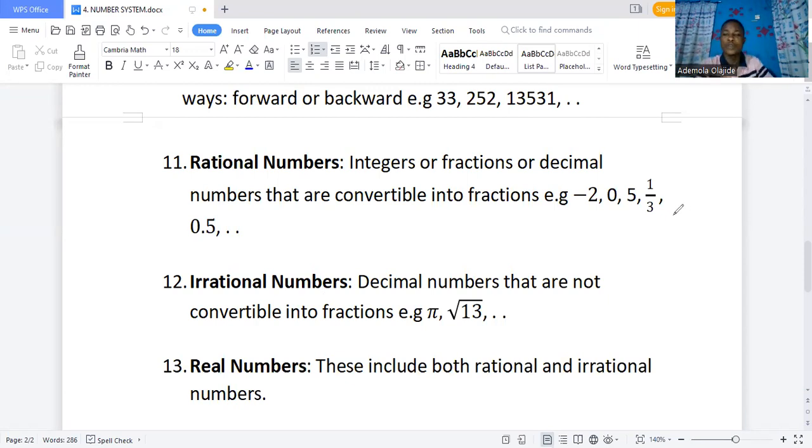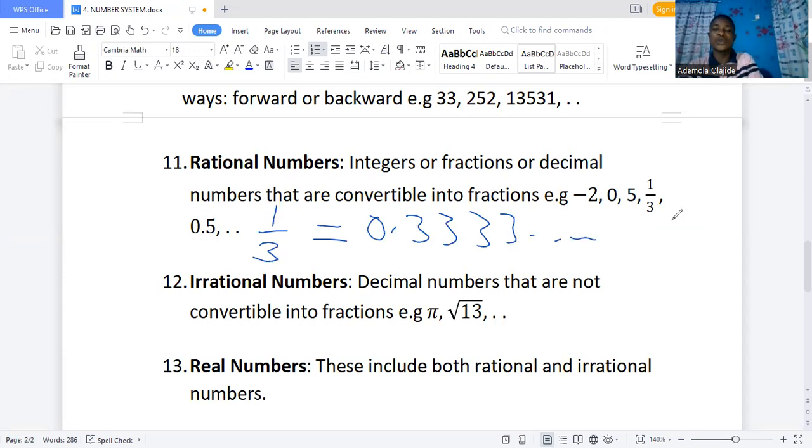For example, this 1/3 here. If you convert it to decimal, it is the same thing as 0.3333 and so on. You will see that the 3 recurs, it continues that way.